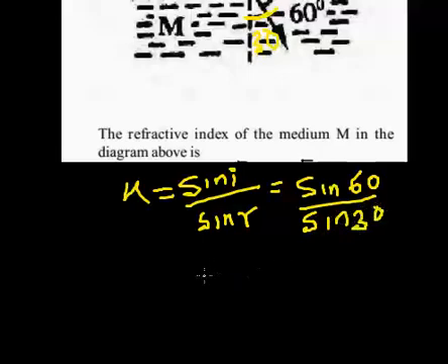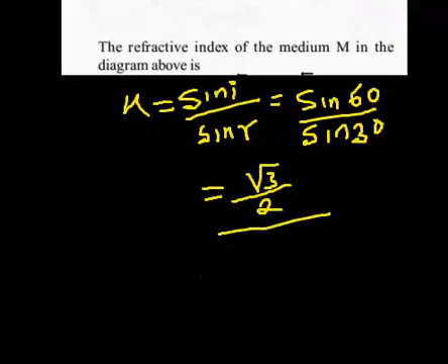In this case you use special angles: sine 60 is root 3 over 2, divided by sine 30, which is half.